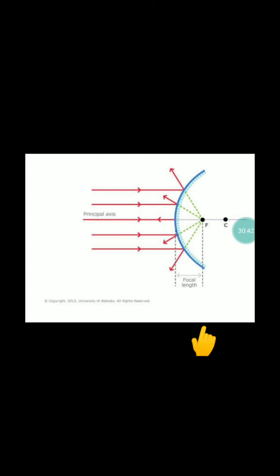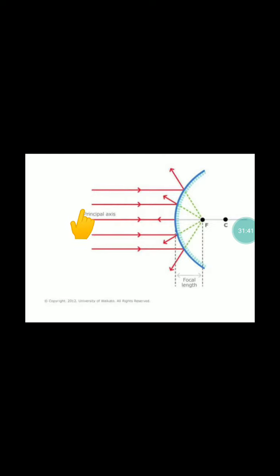The principal focus of a convex mirror is a point on the principal axis of the mirror, from which the rays of light incident on the mirror in a direction parallel to the principal axis appear to diverge after reflection from the mirror. Okay, once again the definition.